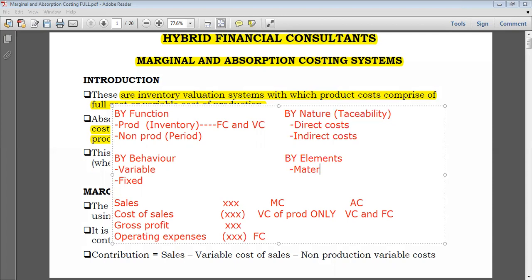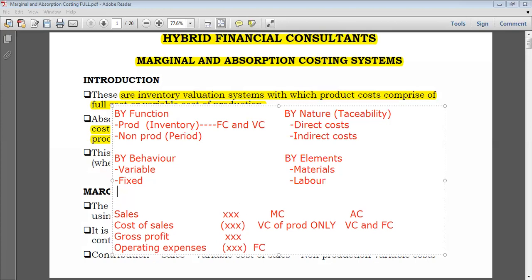If you have classified costs by elements, you can have materials. Any product that you make would have materials, but also labor. Actually, we expect to have other expenses. Just say expenses. To make these matters clearer, if you have materials, you can have direct material, but also indirect materials.